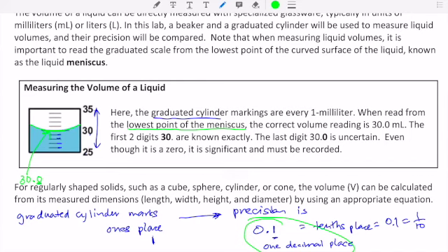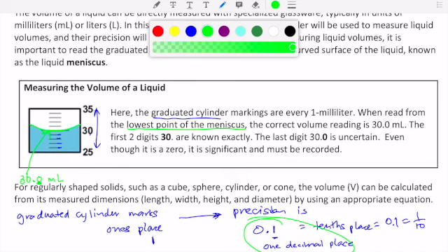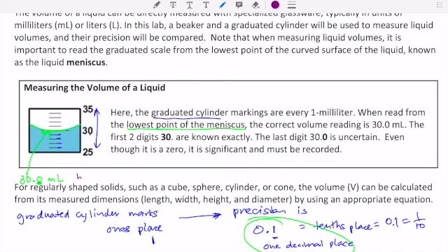And this makes a difference because this is 30.0 milliliters. And this makes a difference in the measured data value. This has 3 significant figures, because remember, you have the 3, those zeros are trailing zeros with a decimal, so 3 sig figs, which is different from a measuring instrument that would only measure to the ones place and would give you only 2 sig figs.